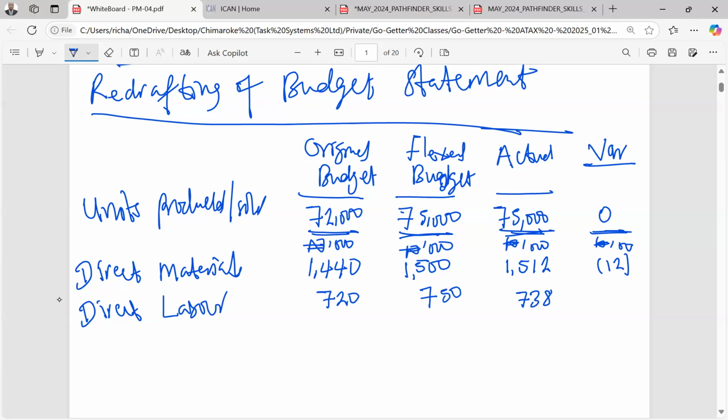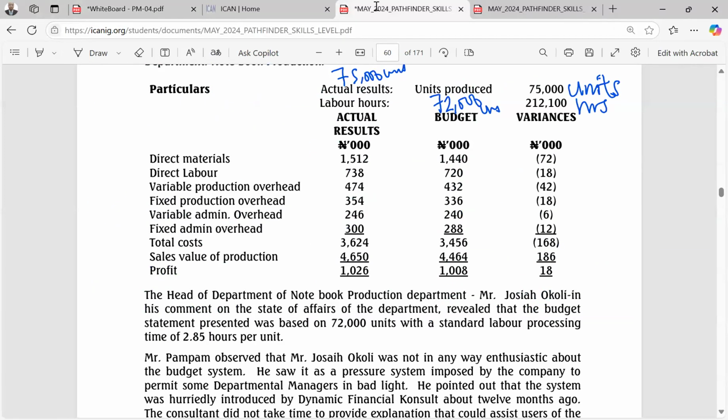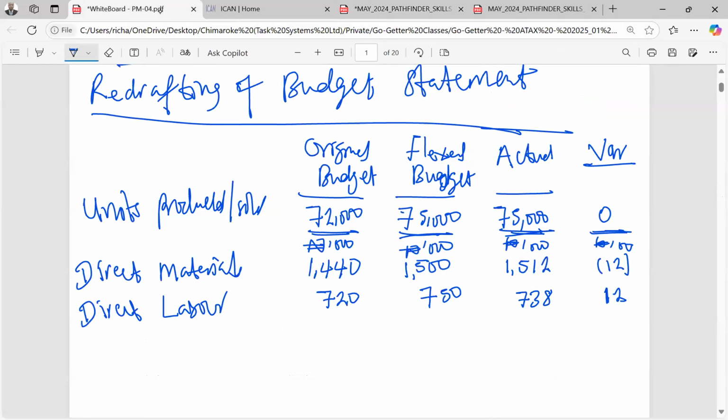So 750 minus 738, that is going to be 12. This is a positive 12. So you see here, as against negative 18, where this is lower than this, you have a negative 18. Sorry, this is bigger than this one here, having a positive 12.